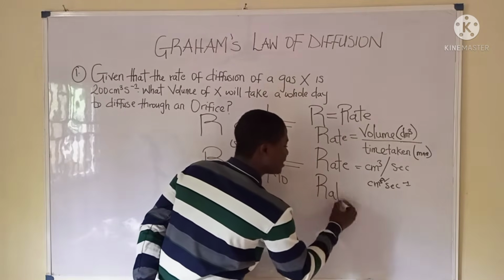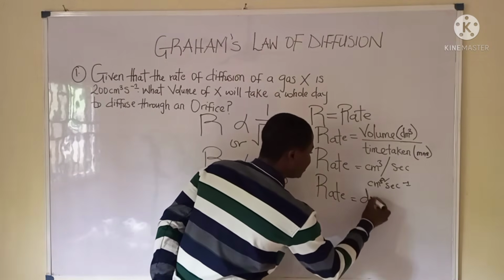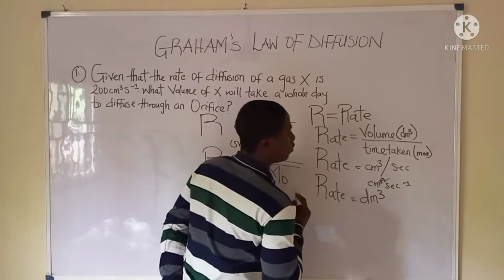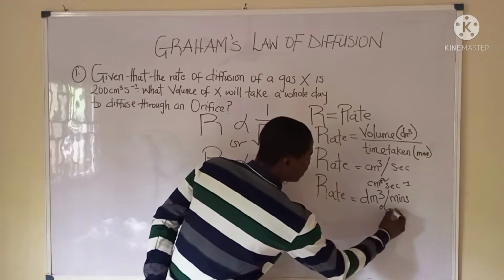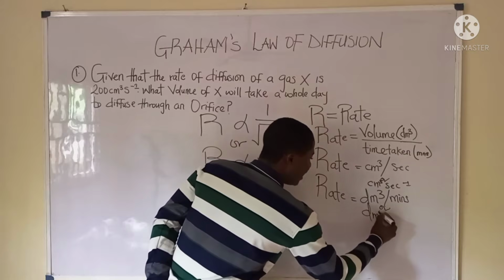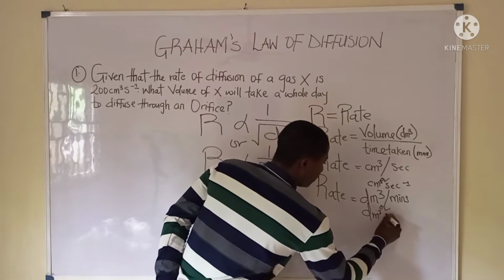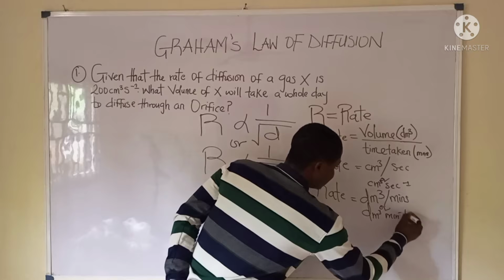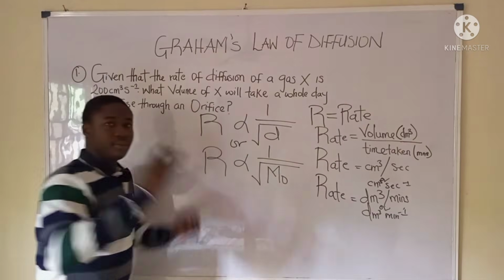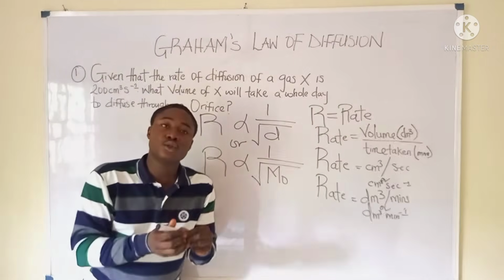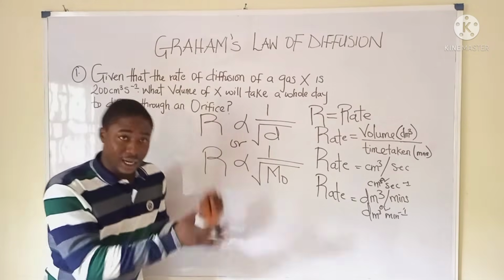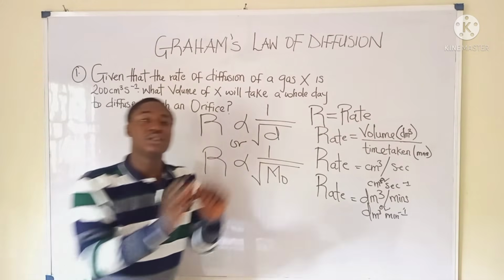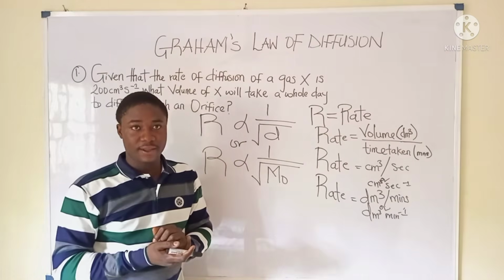The rate SI unit becomes dm cube per minute. This is how to determine the SI unit of the rate, dependent on the parameters given.